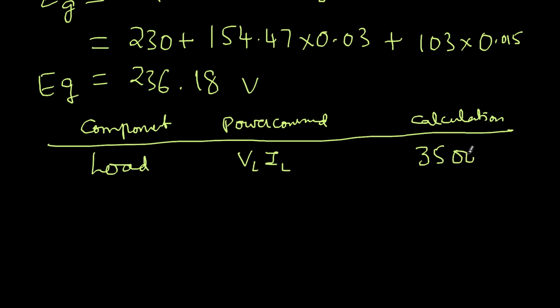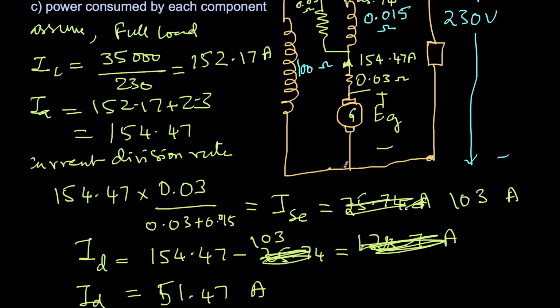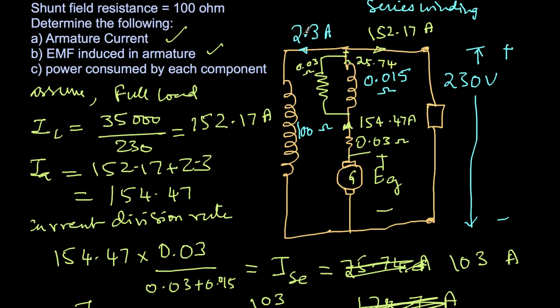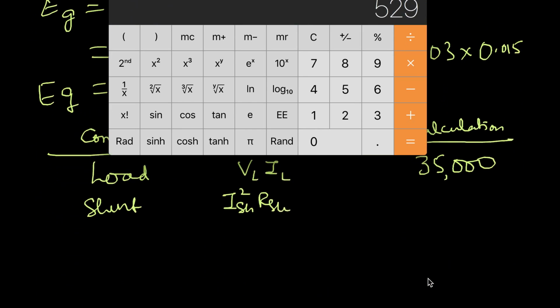Next, what is the power consumed by the shunt field winding? This is nothing but ISH square RSH. What is the shunt current? Here I can see in the drawing 2.3 amperes. So I'll do 2.3 multiplied by 2.3 multiplied by 100. This will give me 529 watts, that you can see on the screen.